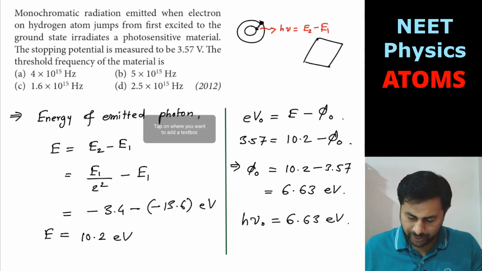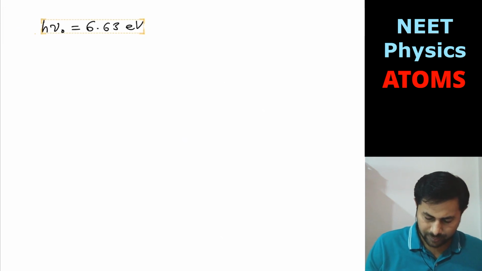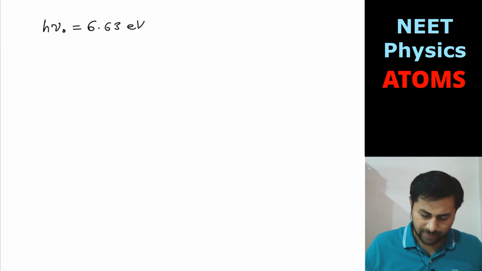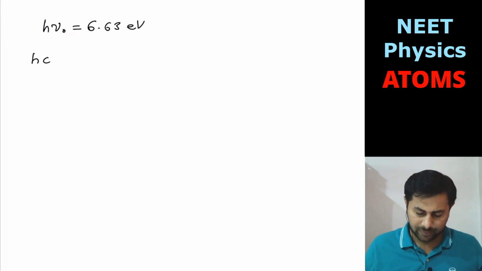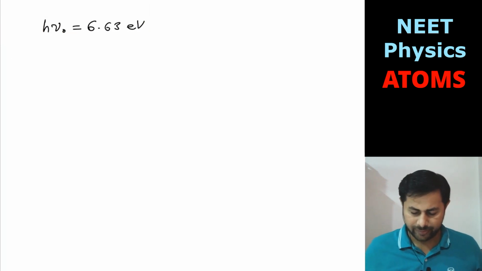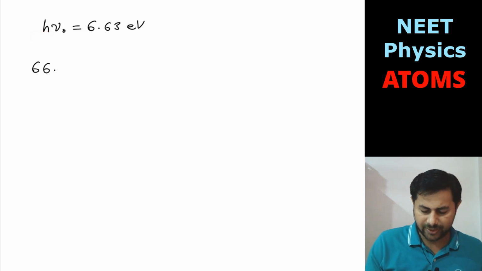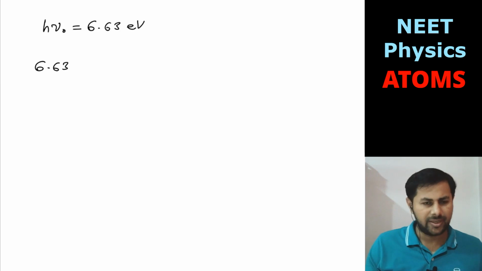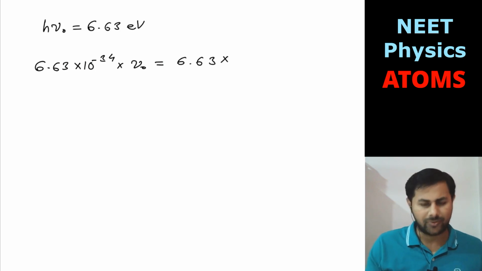Now we need to find out nu naught. I guess the better thing to do is multiply it by C. No, but that will give me, okay, so just take h, which is 6.63 multiplied by 10 raised to minus 34, times nu naught is 6.63 electron volts.